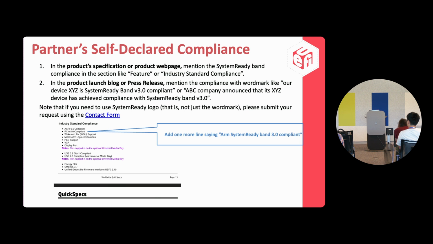In your product spec, there may be a section called industry standard compliance or features, and there may be something like ACPI compliant or PCI compliant. You just need to add one more line saying SystemReady Band 3.0 compliant. Or in your blog or press release, say your company announced that your device has achieved compliance with the SystemReady Band 3.0.